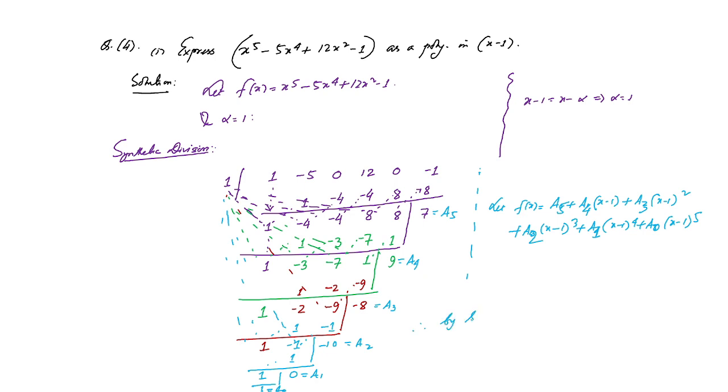So by synthetic division, we can write f(x). So what will be our f(x)? f(x) will be a5 into (x minus 1) whole to the power 5, that is 1 into (x minus 1) whole to the power 5, a4 is 0, (x minus 1) whole to the power 4, minus 10(x minus 1) whole cube, minus 8(x minus 1) whole square, and 9(x minus 1) plus 7.